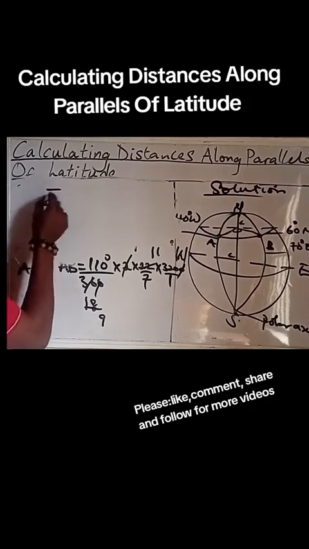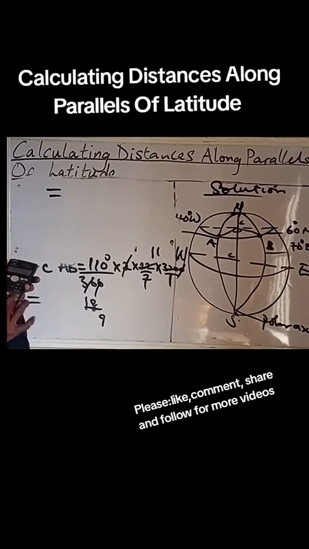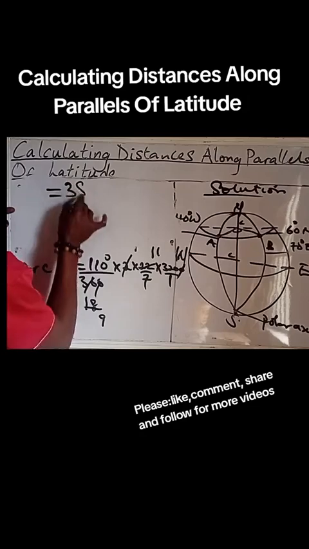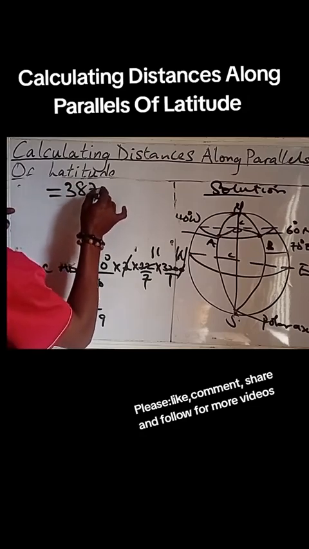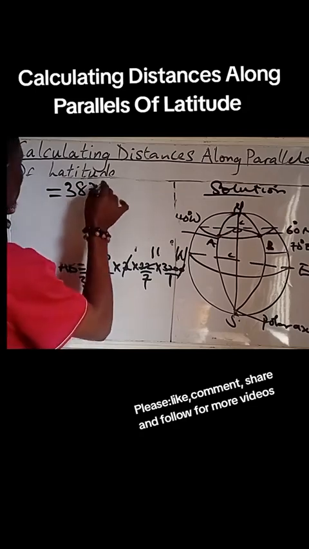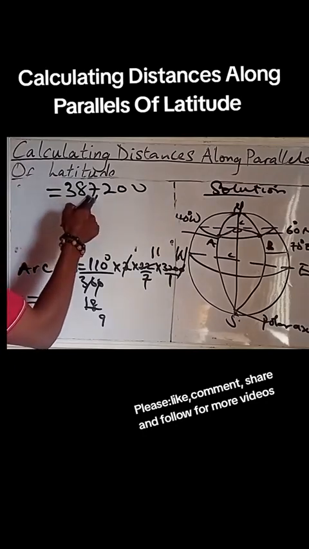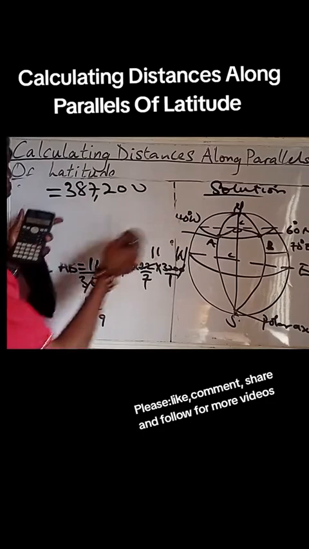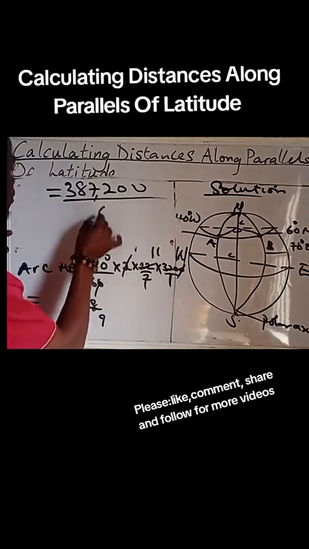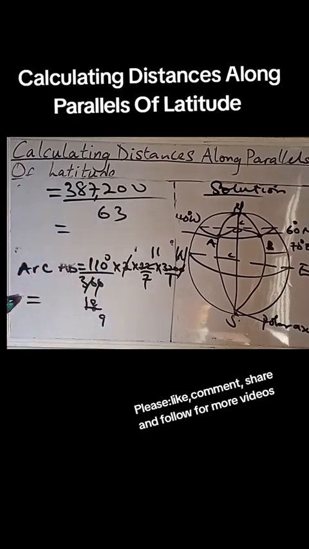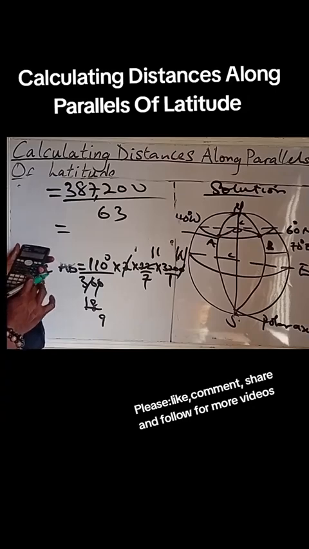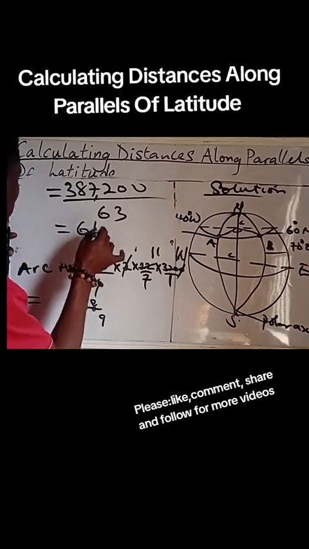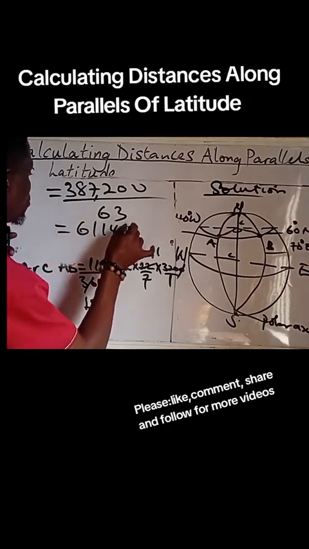In this case, we have 110 times 11 times 320, and we have 387,200, divided by 63. This gives you 6146.0.